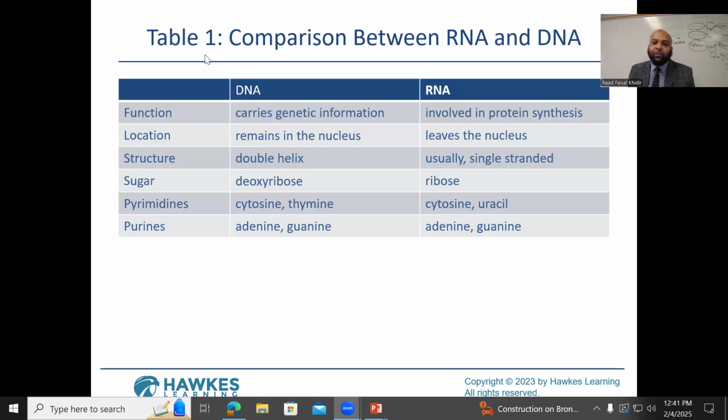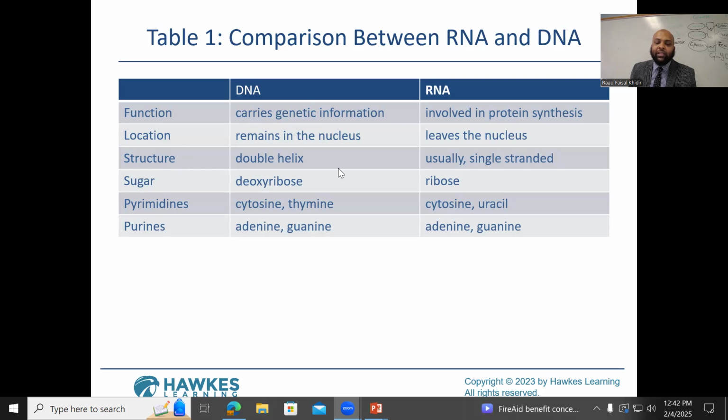This is a comparison of the function between RNA and DNA. So DNA carries genetic information and RNA is involved in protein synthesis.